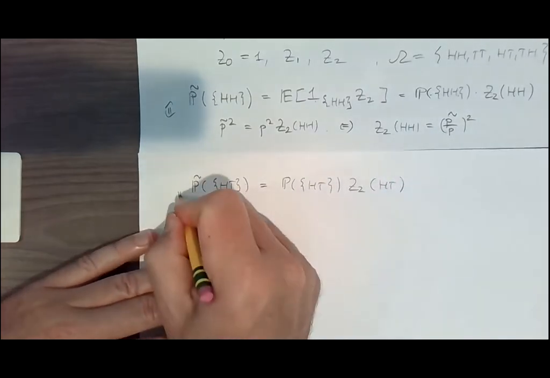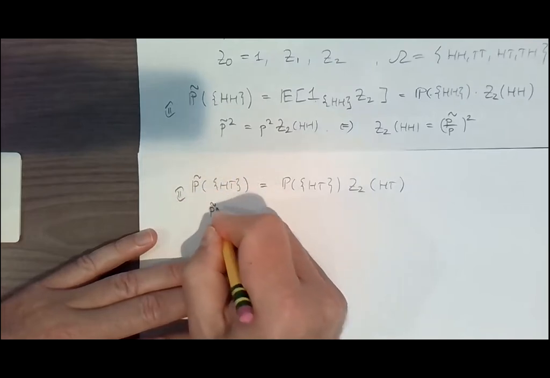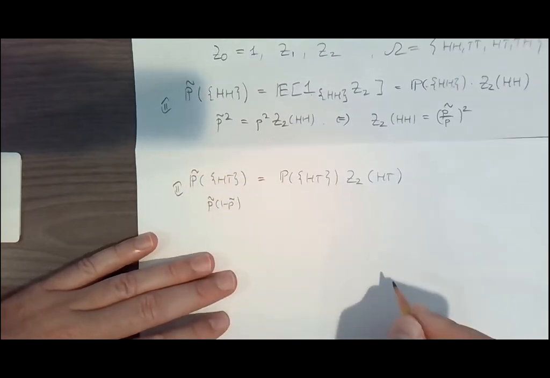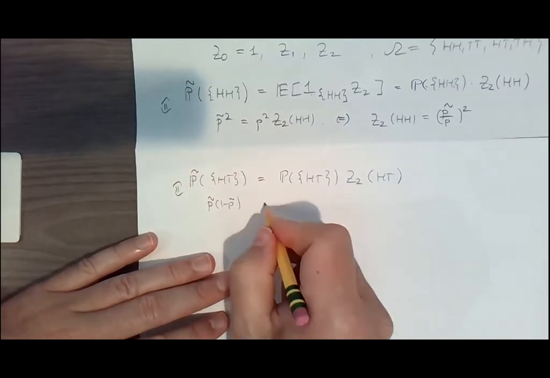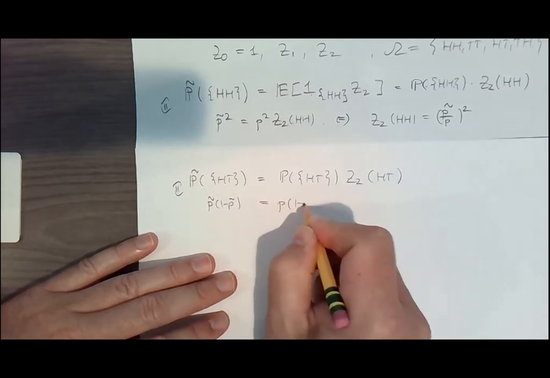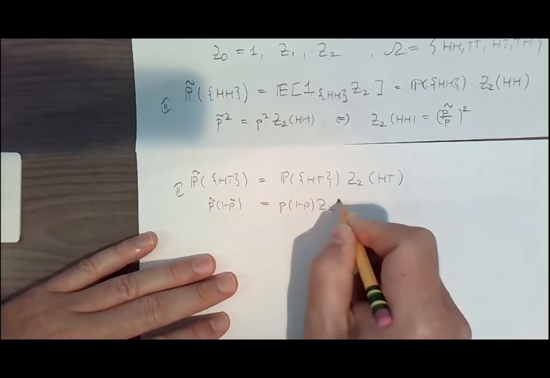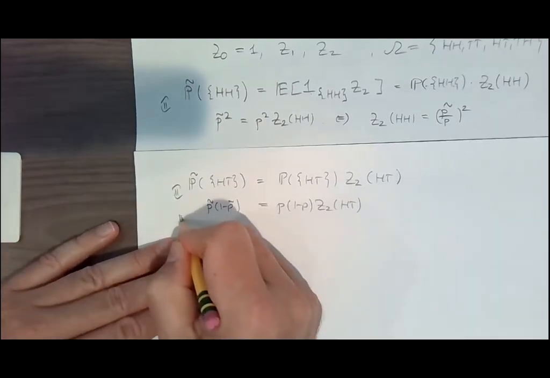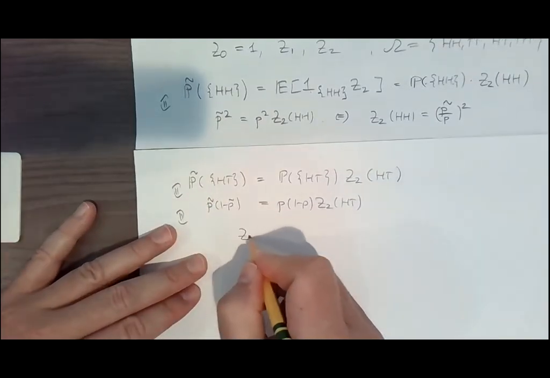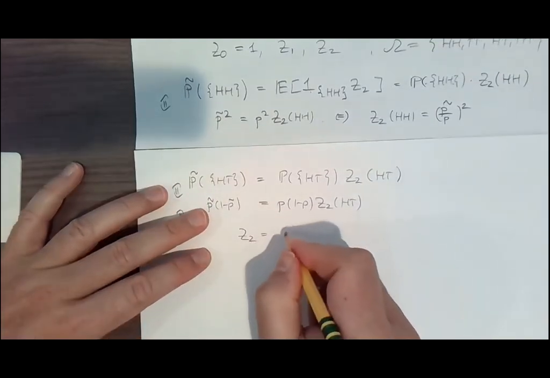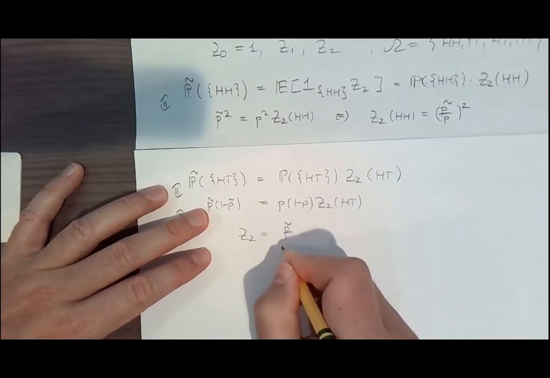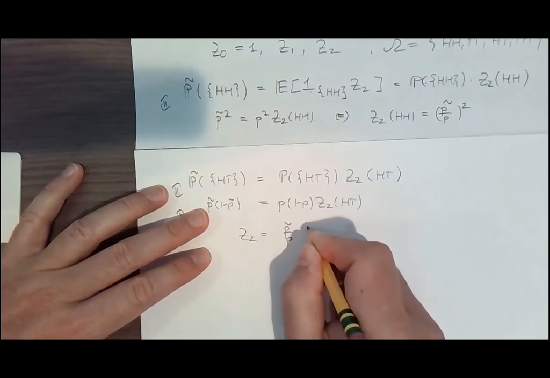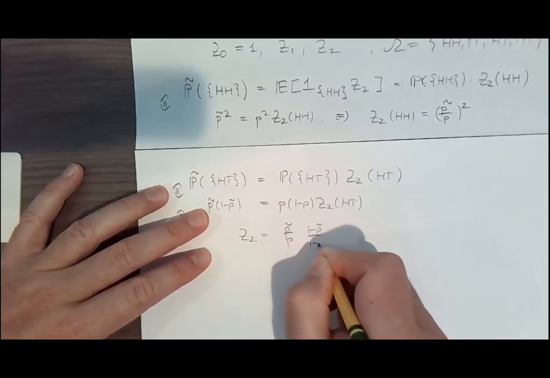This is going to be P tilde times 1 minus P tilde. We want this to be equal to P times 1 minus P times Z2 of HT. And so we solve again. We're going to get that Z2 is equal to P tilde over P times 1 minus P tilde over 1 minus P.